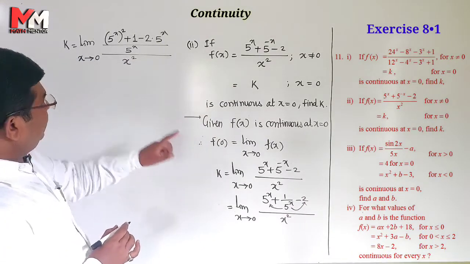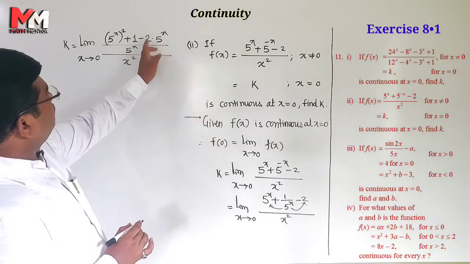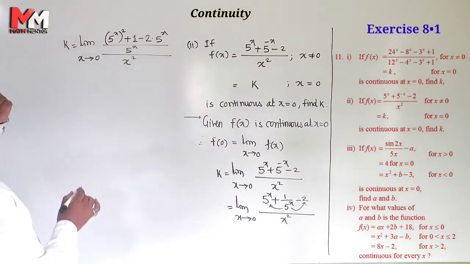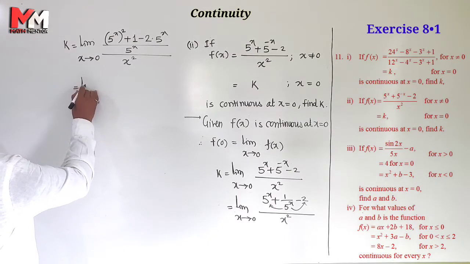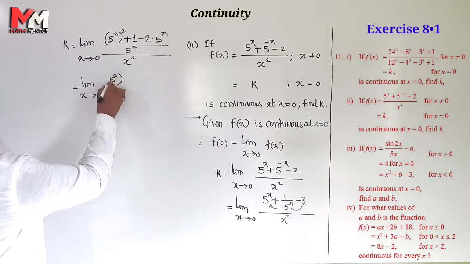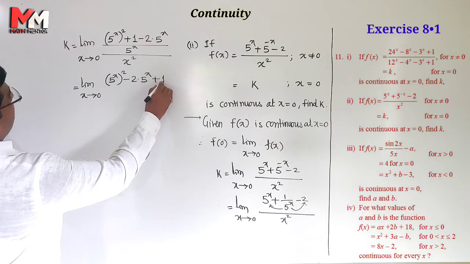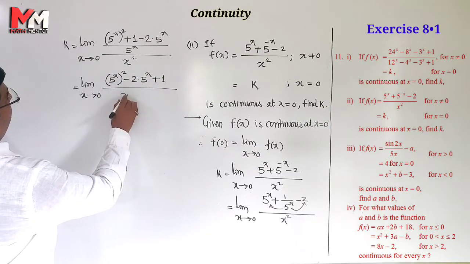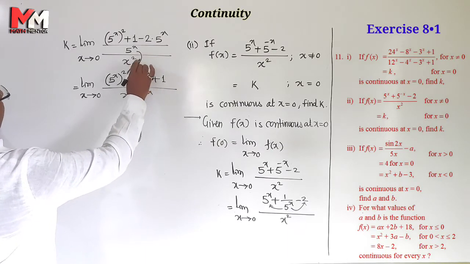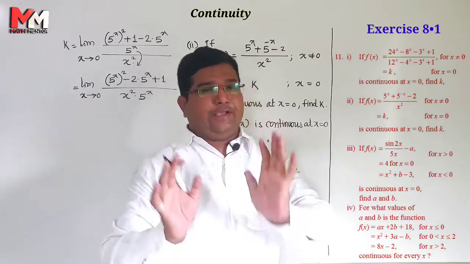Numerator: limit x tends to 0, 5 raised to x whole square minus 2 times 5 raised to x plus 1, divided by x square into 5 raised to x. ये टर्म नीचे शिफ्ट किए to the common denominator, एक ही denominator x square into 5 raised to x.